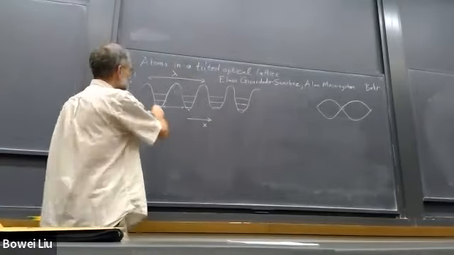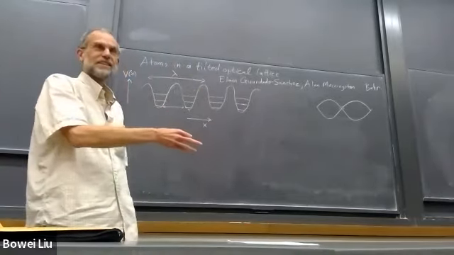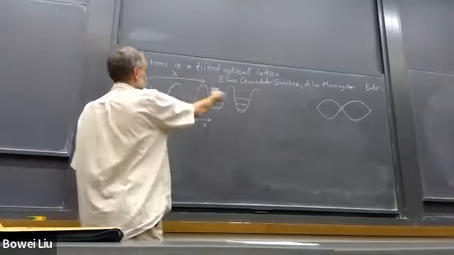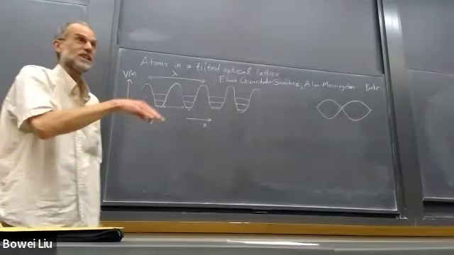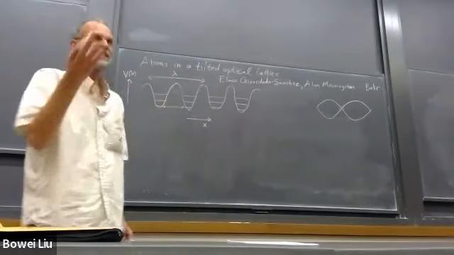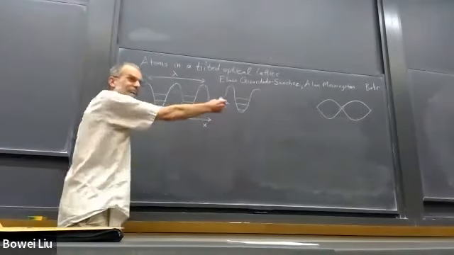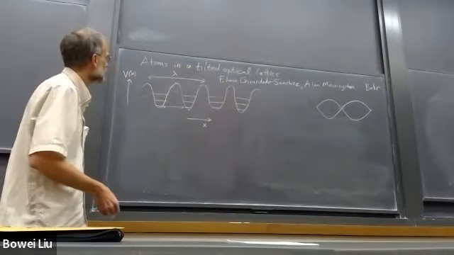And it's like electrons in a crystal, right? In a crystal, you have a periodic potential. It's not sinusoidal. This is sinusoidal. The potential that an electron sees in a crystal is not sinusoidal, but it is periodic because every unit cell of the crystal is the same.